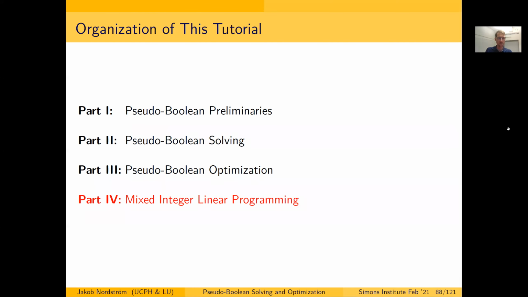So in the 4th and final part of this pre-recorded tutorial, we'll talk a little bit about what these mixed integer linear programming solvers are, how they work, and what we can do about the fact that they're so good. We can try to beat them, or we can try to join them, or maybe do both. But to hear more about that, you have to tune in for the 4th and final part of this tutorial. This ends part 3.